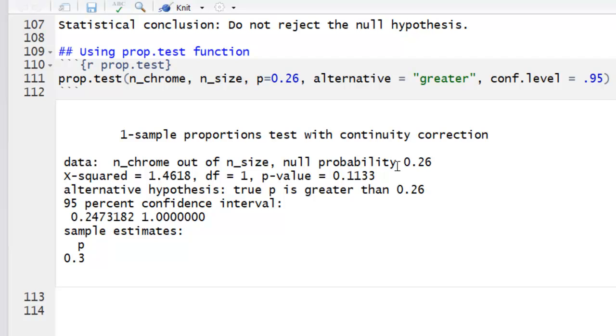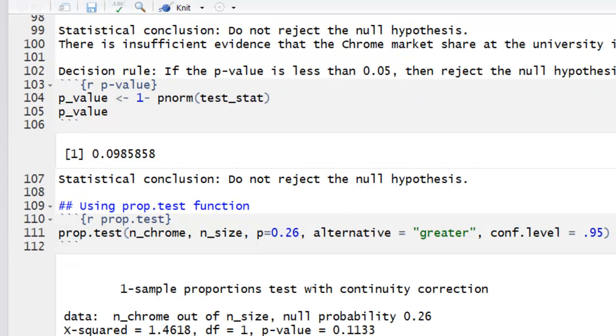The null probability was 0.25, the information that we gave it. It gives us the p-value, which is slightly larger than the one we had, but is in accordance with our conclusion. The alternative was that the true p is greater than 0.25.